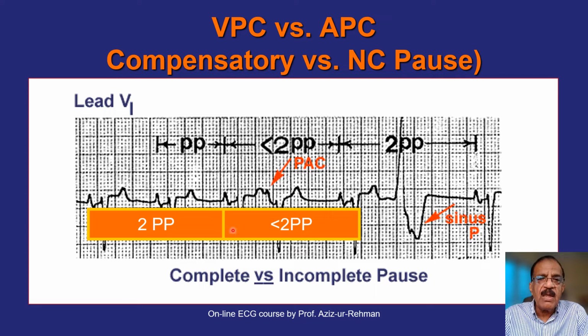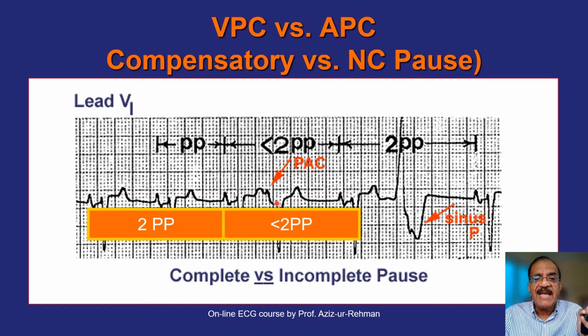And if we draw a line here, this P and this P, this does not correspond to this P. So this one has come earlier. It is not fully compensating. Why has it come earlier? Because this atrial premature beat depolarized the atria, including the SA node. So you cannot say that for the SA node nothing happened. This ectopic atrial depolarization reset the SA node.